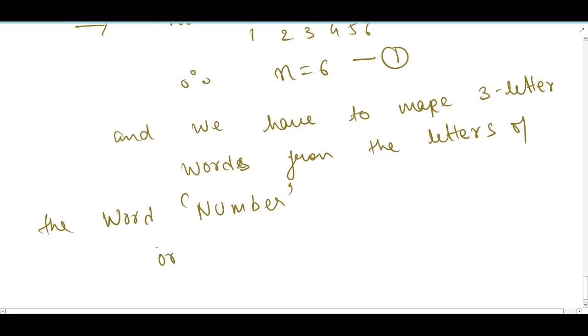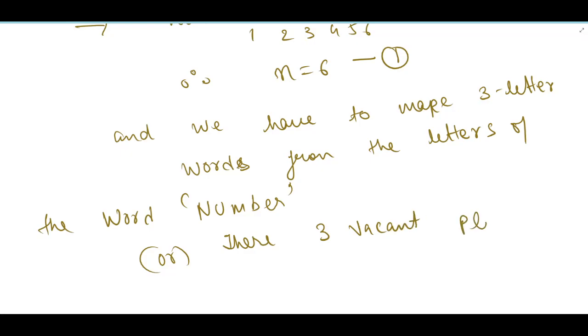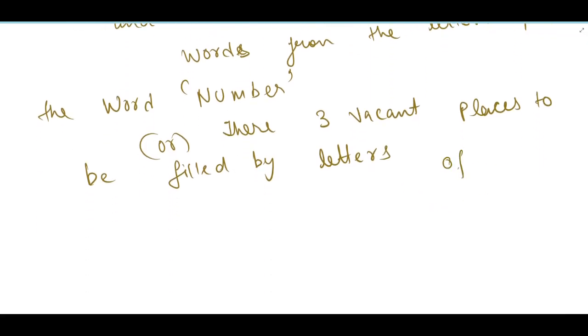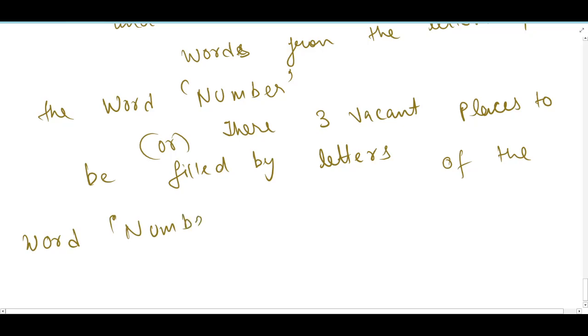Or we can say there are three vacant places to be filled by letters of the word number. So therefore we can say r is equal to 3.